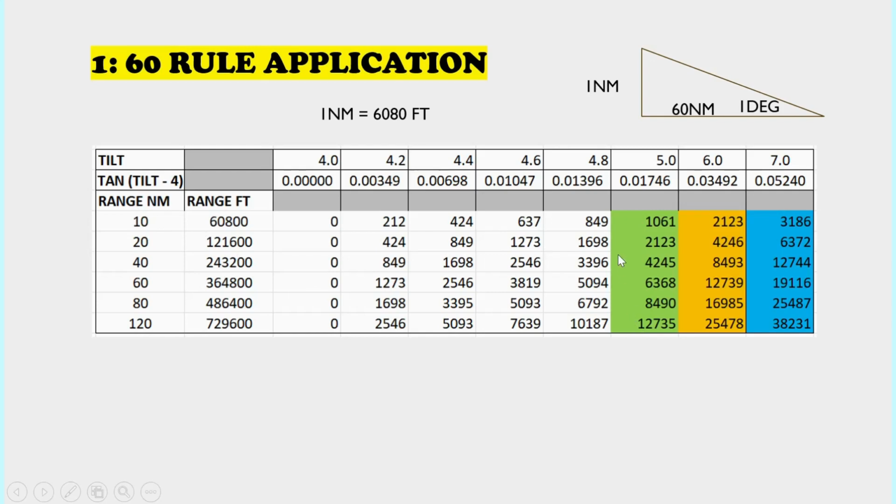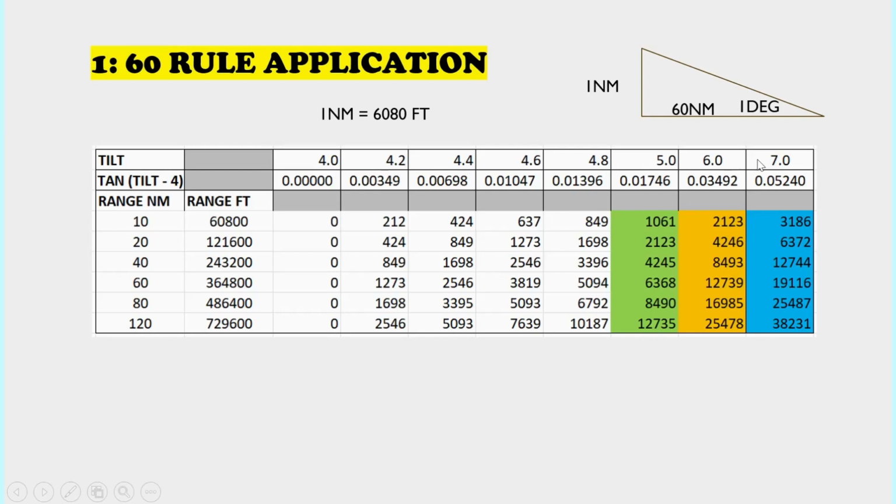Remember, it's a vertical situation, not a lateral situation. The top row is certain tilts. 4 degrees is the one where we keep it flat, and then we increased all the way. When I reached 5 degrees and beyond, I saw a pattern which I'd like you to appreciate.